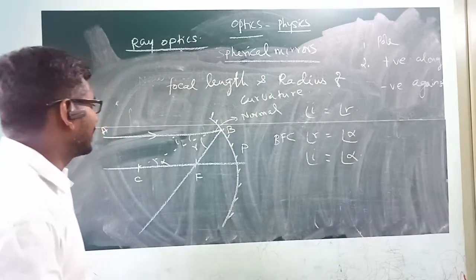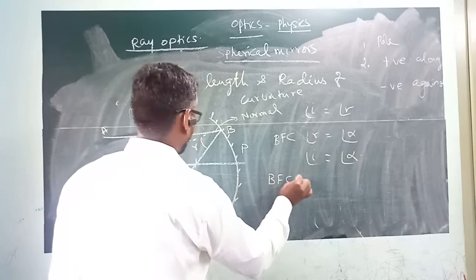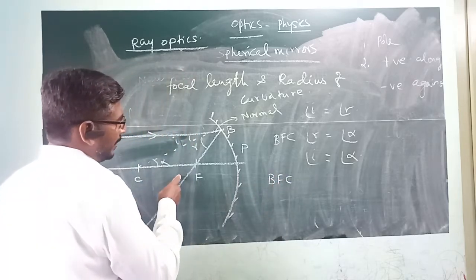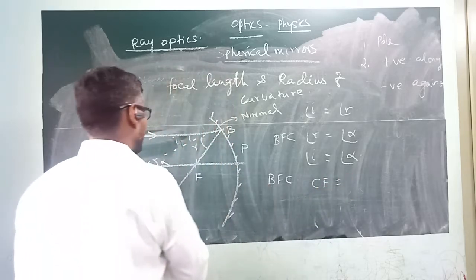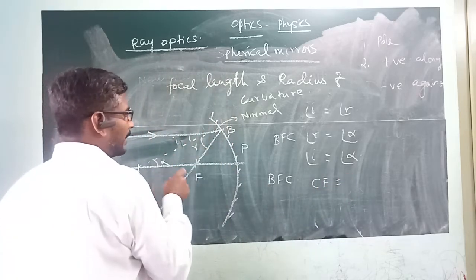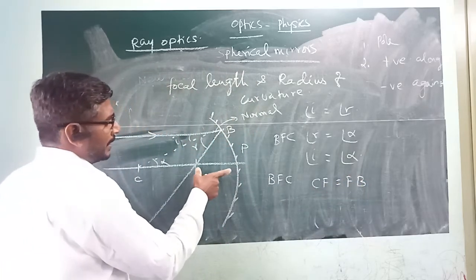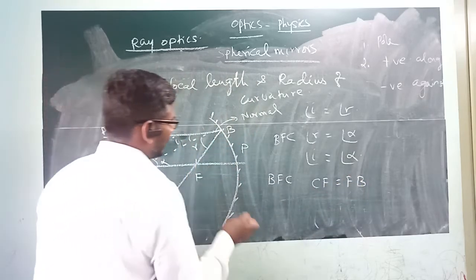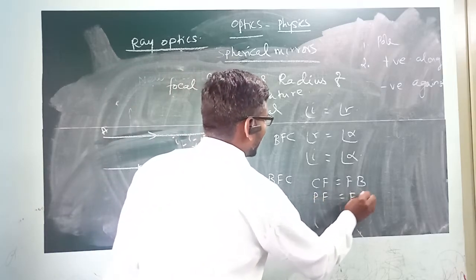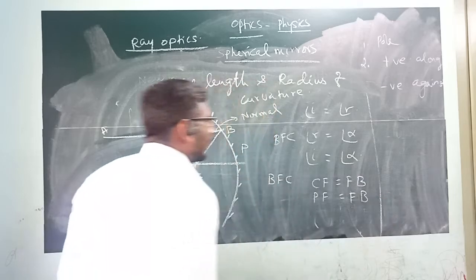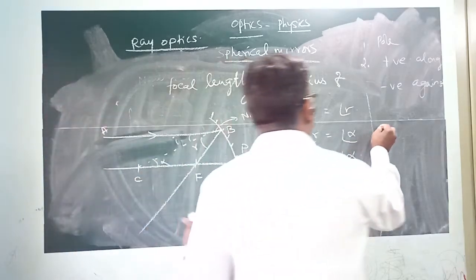Having these conditions in mind, if I consider this triangle BFC, I can say CF is equal to FB, since the two angles are equal and so these two sides are equal. And similarly, I can also say PF is equal to FB.